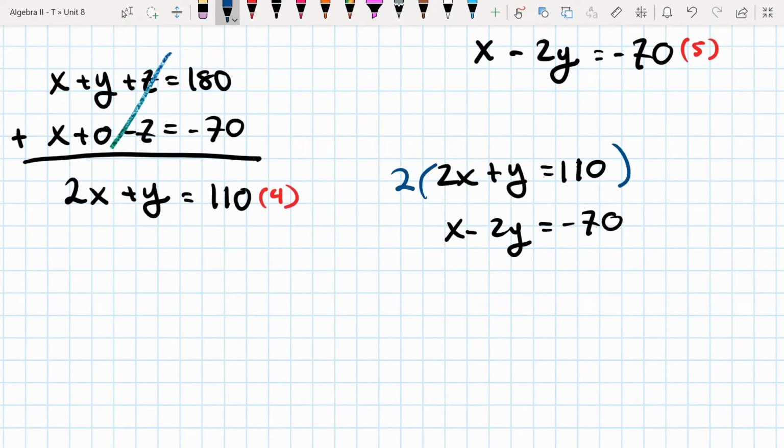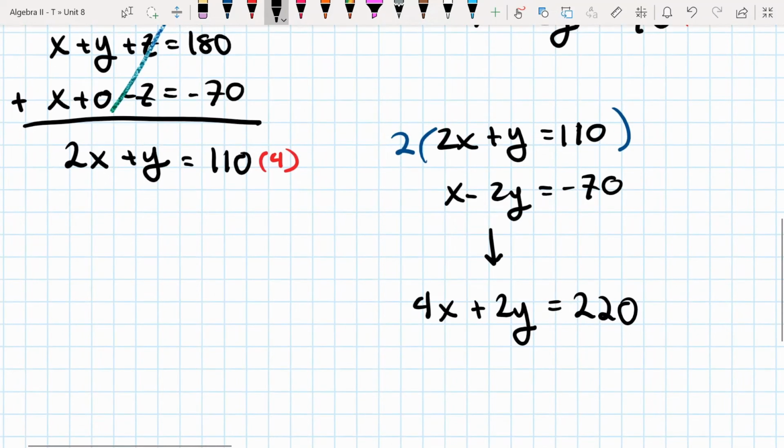So we're going to multiply this equation by 2, and we end up with 4 times x plus 2 times y equals 220. And x minus 2y, this will stay the same, is equal to negative 70.